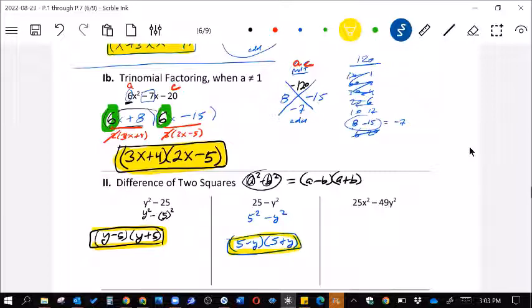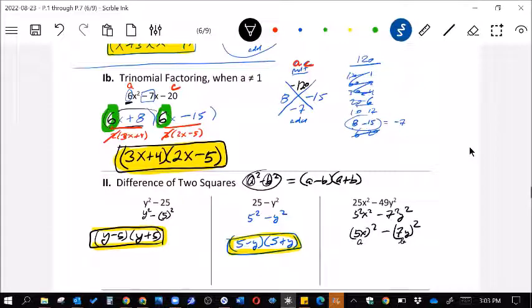Now on the last one here, it's the same idea, but with the complication of having the number and the variable. But that shouldn't change anything. This is 5 squared with the x squared, and then 49 is 7 squared with the y squared. What you want to do is put the squares together as 5x being squared minus 7y being squared, because that's your a and that's your b.